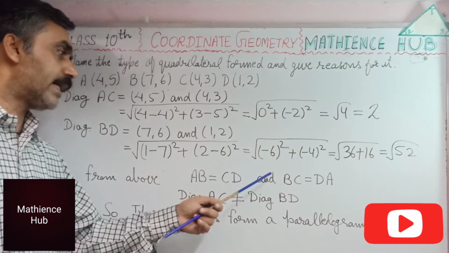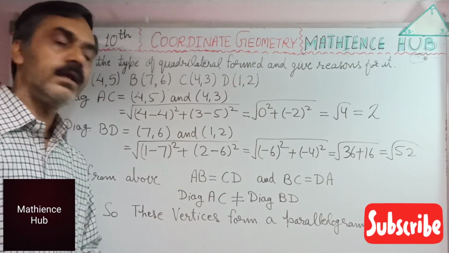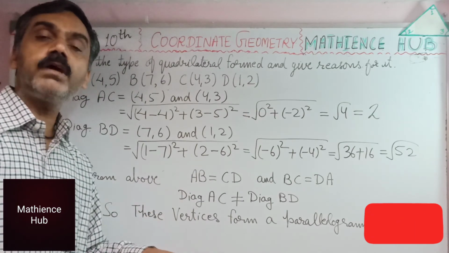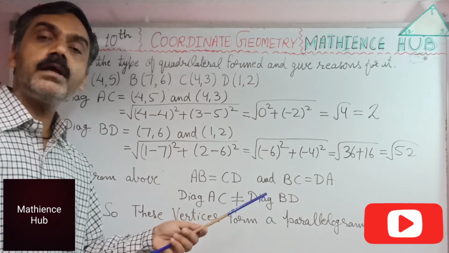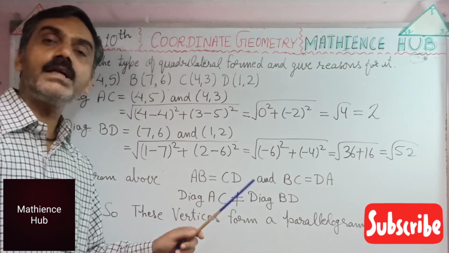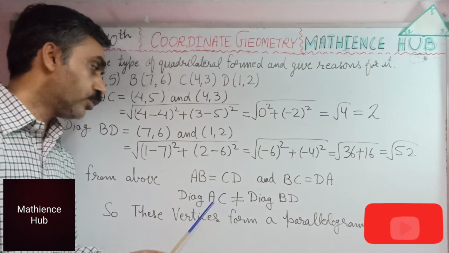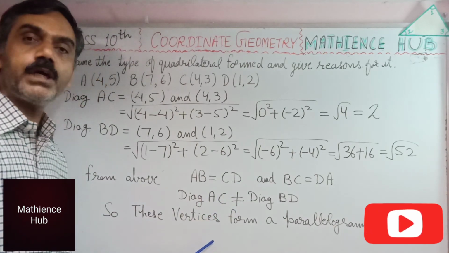If opposite sides are equal and diagonals are also equal, it forms a rectangle. If all the sides are equal and diagonals are equal, it forms a square. If all the sides are equal and diagonals are not equal, it forms a rhombus. So this is a very important question.